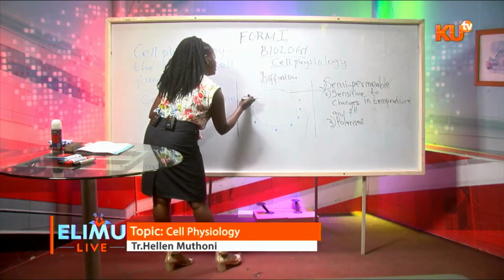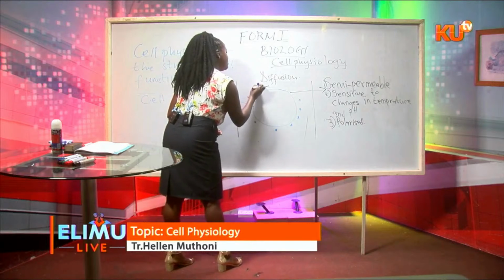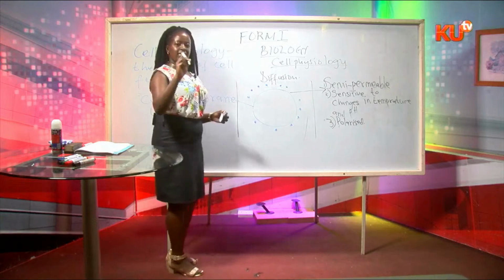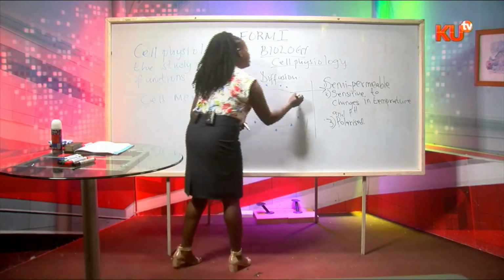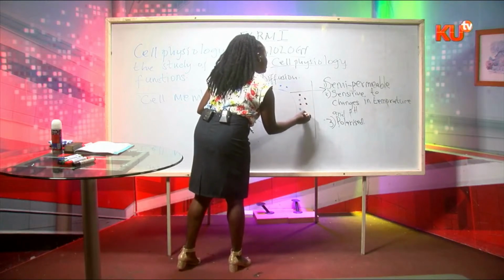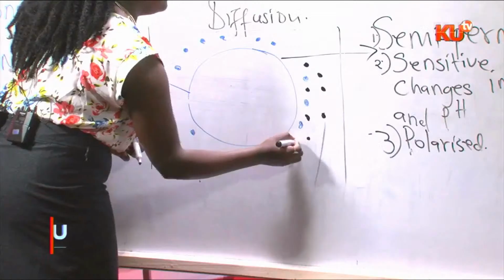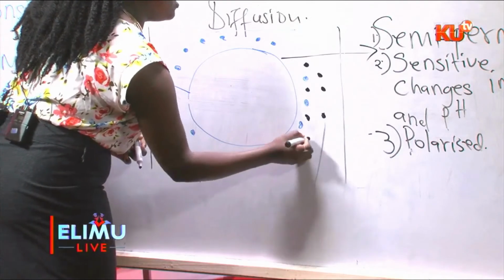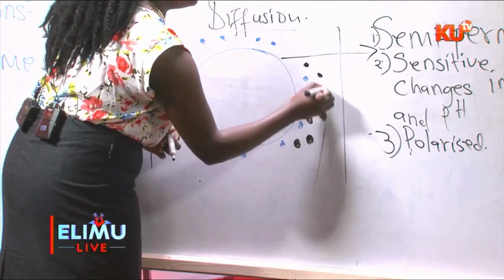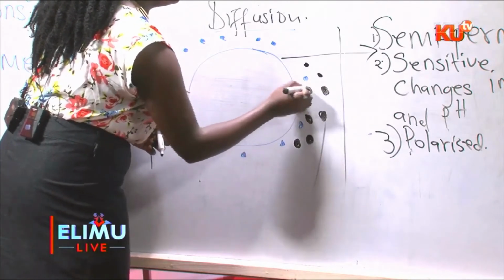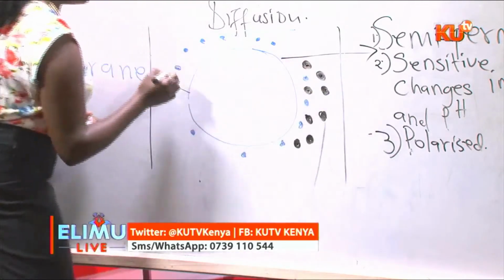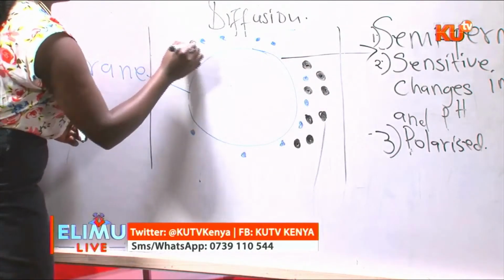These are water molecules represented by the blue dots. Then I will represent the sugar molecules with black dots. So the sugar molecules are bigger in size than the water molecules.